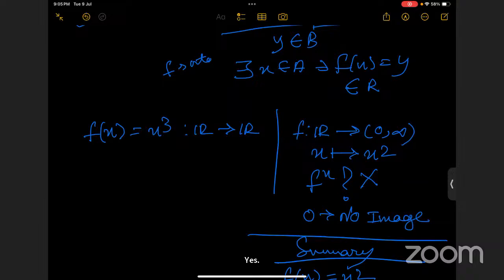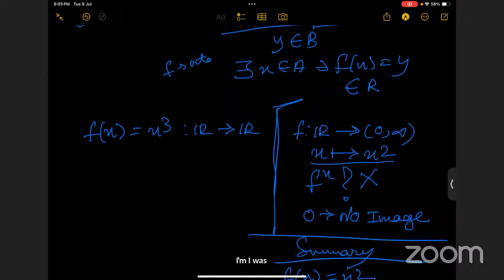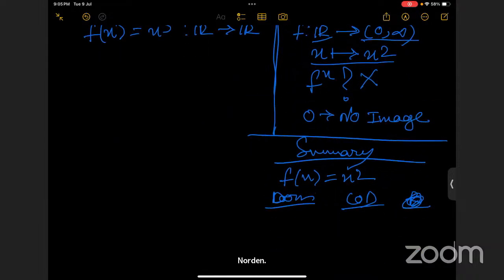F of x equals x cube is a function. I was talking about x goes to x square, where I took R as our domain and 0 infinity as our codomain. Is it a function? No, because for 0 we don't have any image. This will not be a function. Okay, got it.